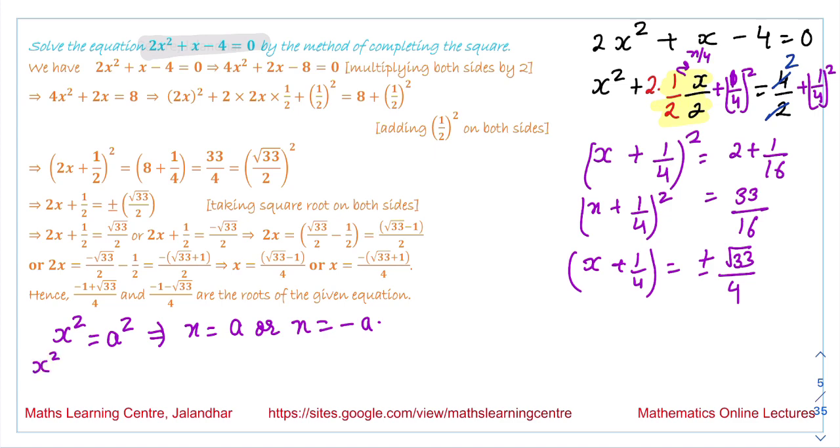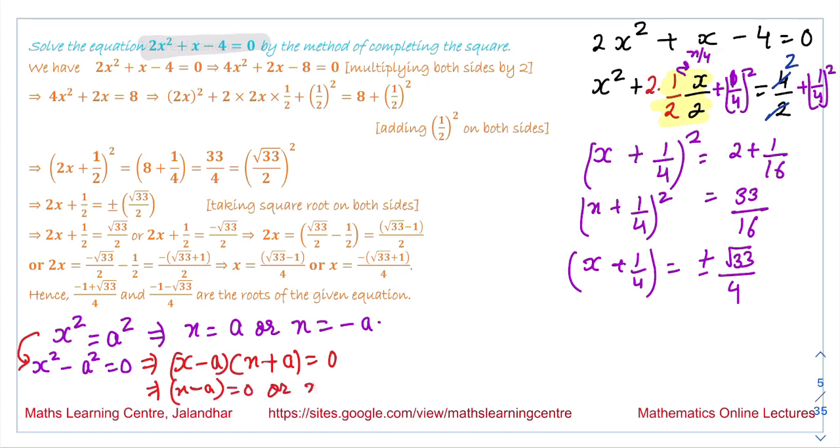Why? It is x² - a² equal to 0. If I try to solve this equation, x² - a² is equal to 0. It means (x - a)(x + a) is equal to 0. It means x - a is equal to 0 or x + a is equal to 0. It means x is equal to +a or -a.